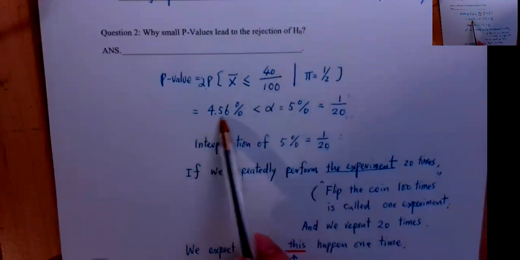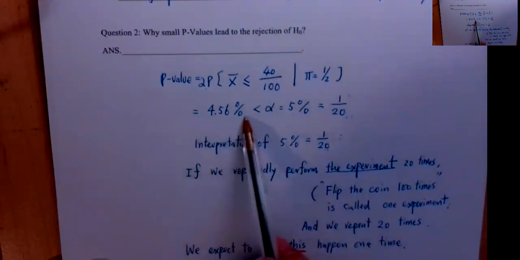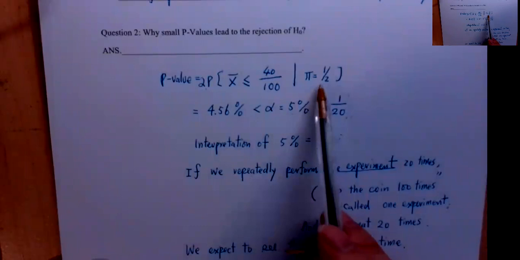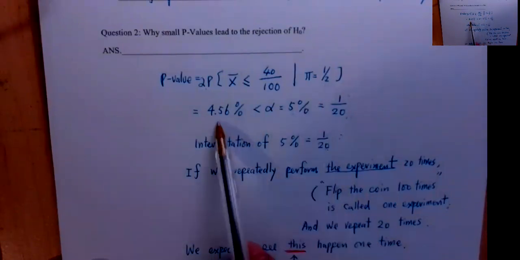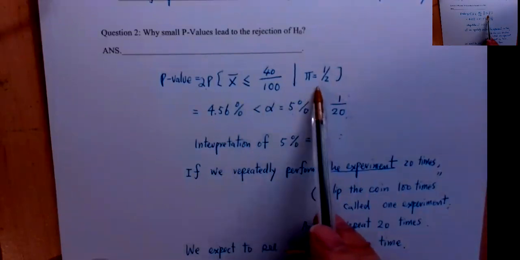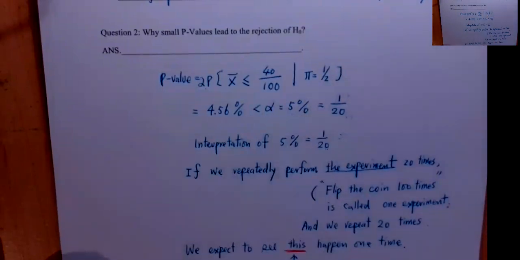That chance is very small, almost impossible to happen. So when you see it happen, you will rather believe it happens because this assumption is wrong. H0 is not true. So a small p-value leads to the rejection of H naught. Okay, the large p-value actually supports H naught is true.